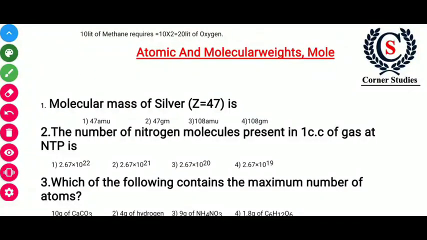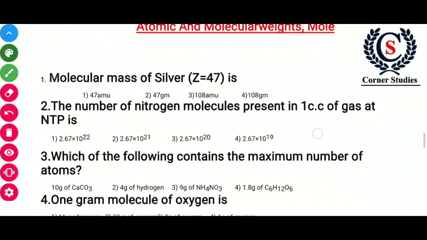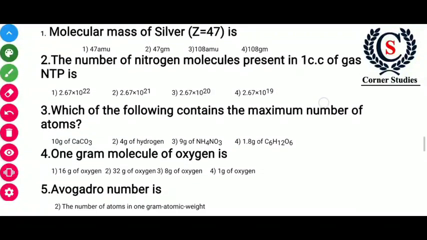Our next chapter is atomic and molecular weights, mole. Okay, see the question. The molecular mass of silver, Z equal to 47, is: answer 108 AMU.